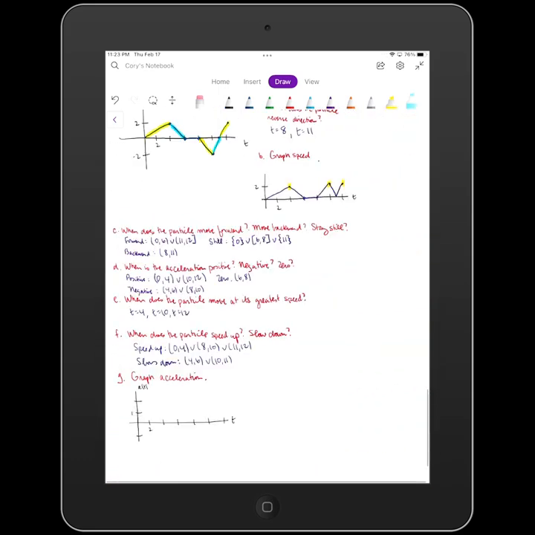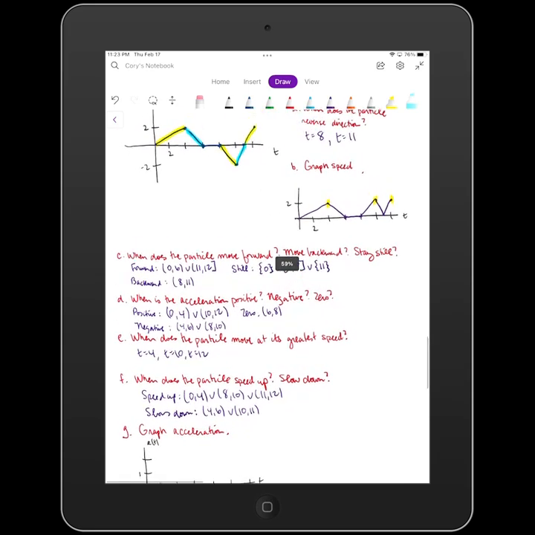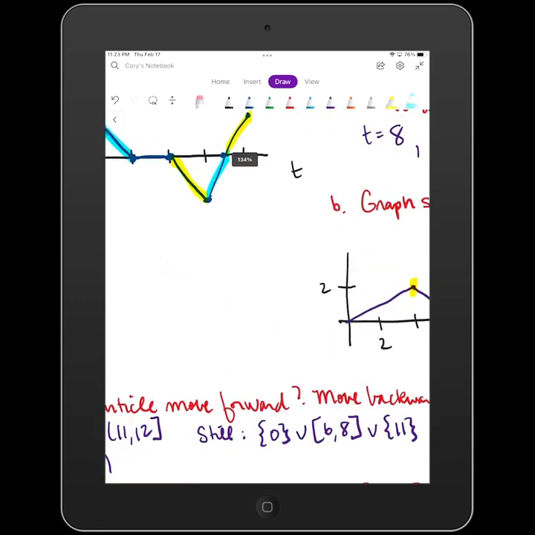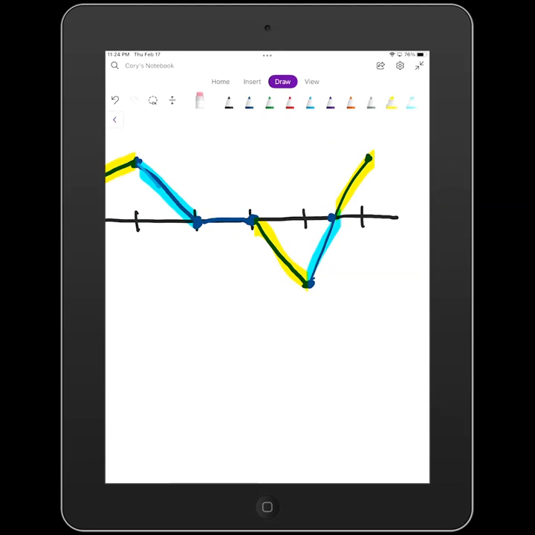Okay, so last part G asks us to graph acceleration, which is essentially asking us to graph the derivative of the velocity function. Well, when we look at how many segments comprise the velocity function, there are 5 segments in total.